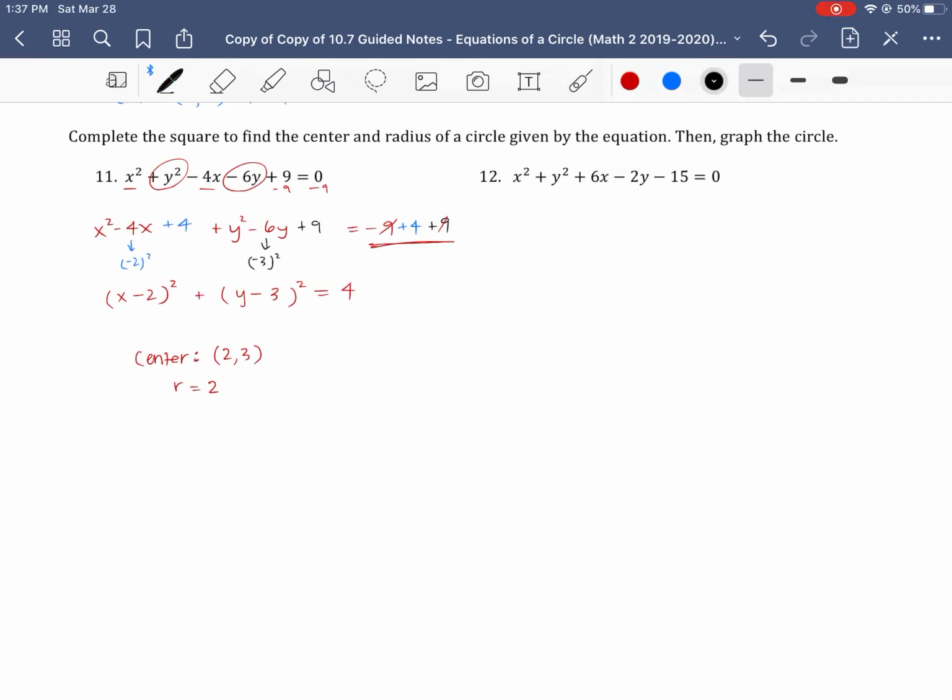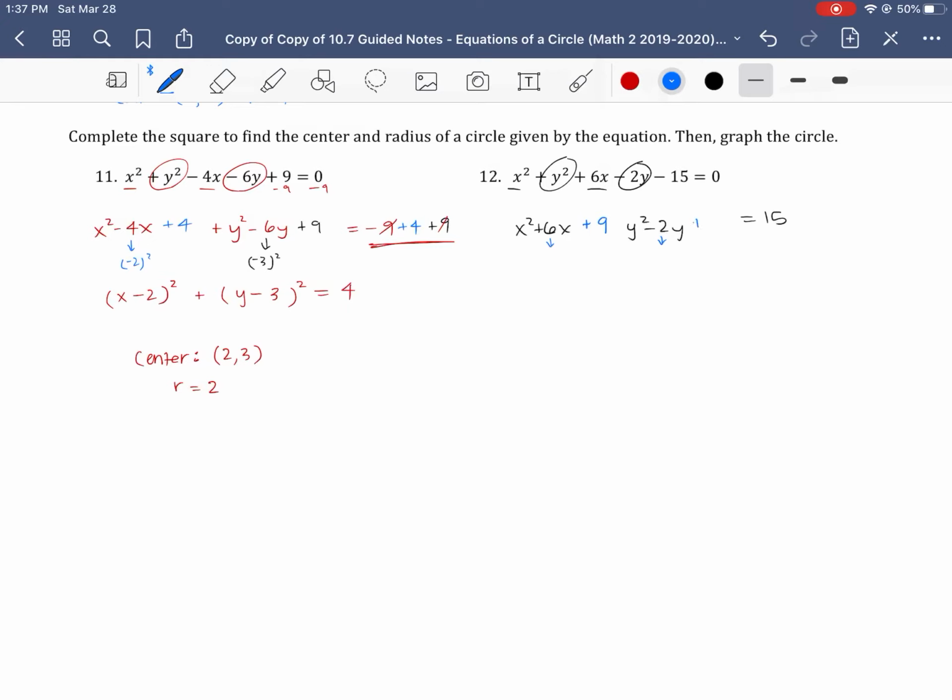Alright, last one. I'll work through this one really quick. Again, go ahead and try these on your own, or if you feel like you have it, you don't need to even watch this last example. We've got x squared plus 6x. Again, I move my y pieces over here. y squared minus 2y, and I move the 15 to the other side of the equation. I take half this middle term and square it, so that means I'm going to add 9.